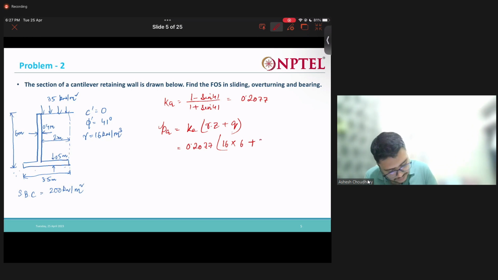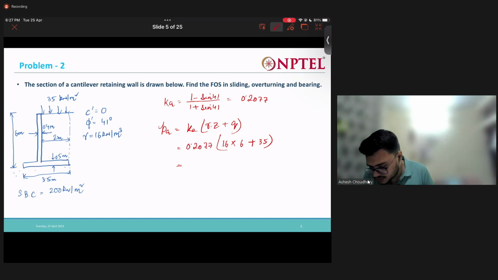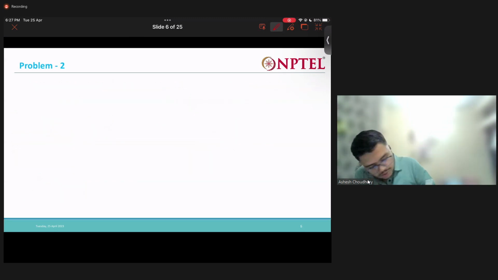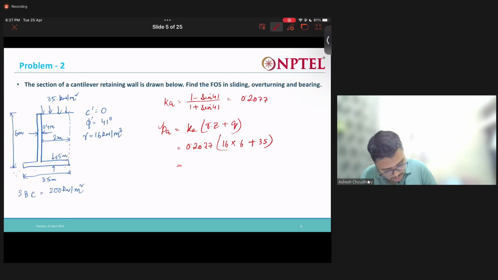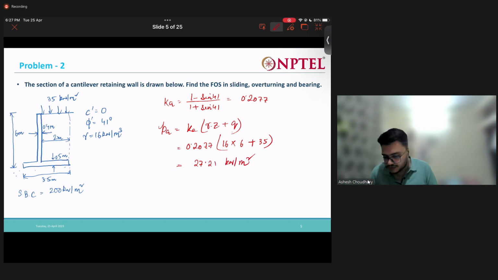Q is 35. So we got this pressure: 16 into 6 plus 35, 27.21 kilonewton per meter square.